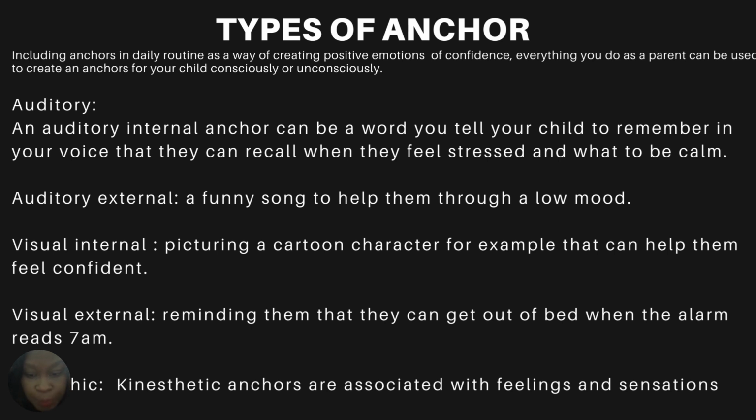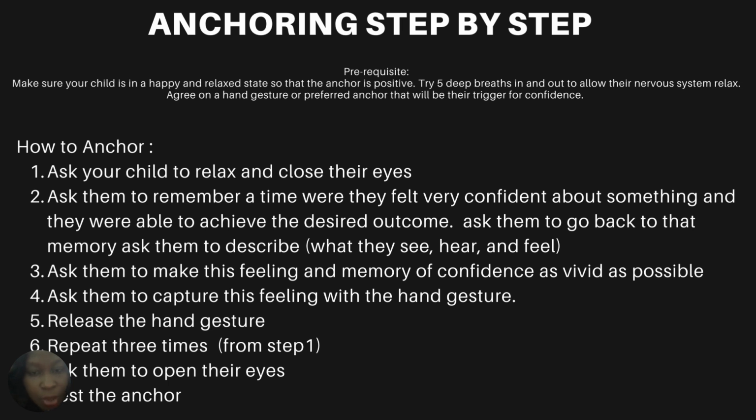So how do you anchor step by step? You first need to make sure your child is in a happy and relaxed state so that the anchor is positive. You always want to make sure that the anchor is a very positive experience, that they have positive anchors more than negative anchors, okay? So a positive anchor is what the child is going to remember.